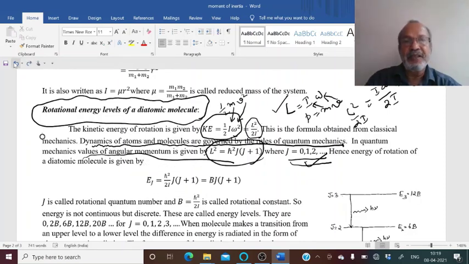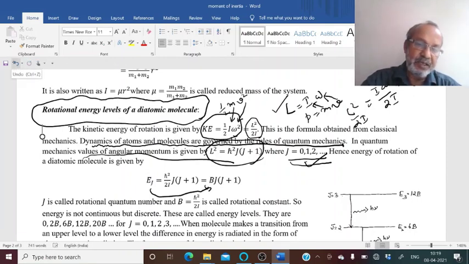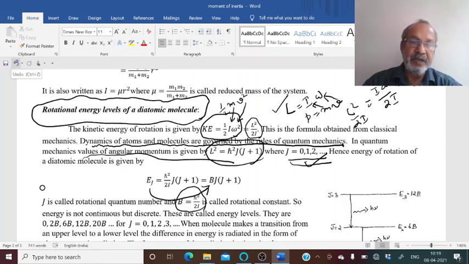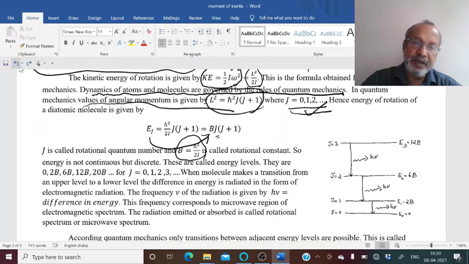If you do not understand my discussions so far, you can directly write Ej is equal to b into j into j plus 1, where b is the rotational constant given by h cross square by 2I, where I is the moment of inertia of the diatomic molecule about an axis passing through the center of mass and perpendicular to line joining atoms. Now here j can take values only 0, 1, 2, 3, etc.